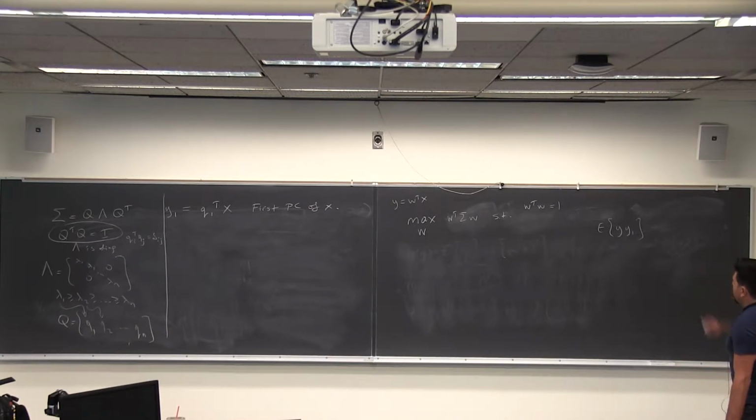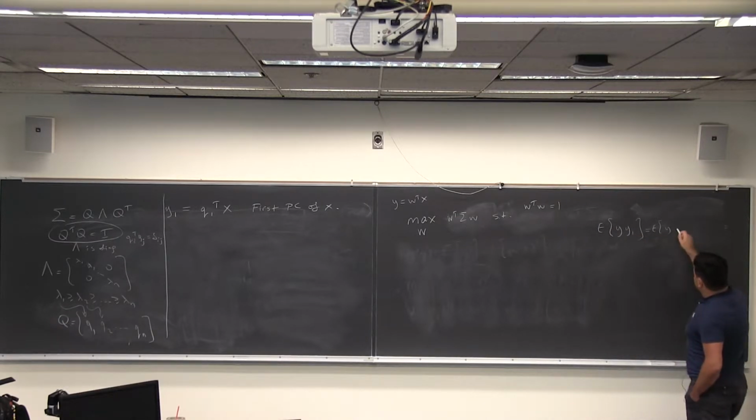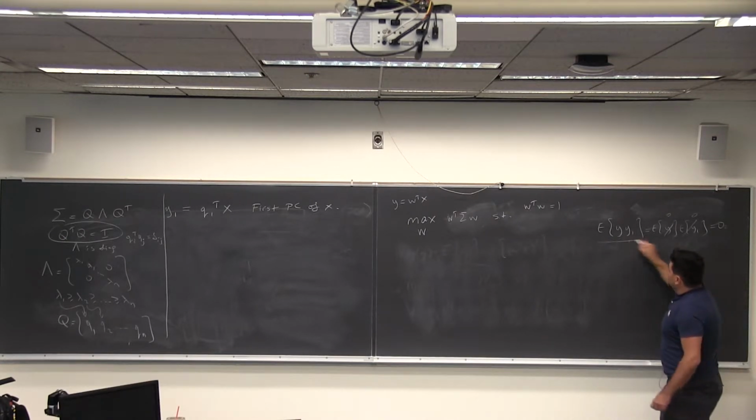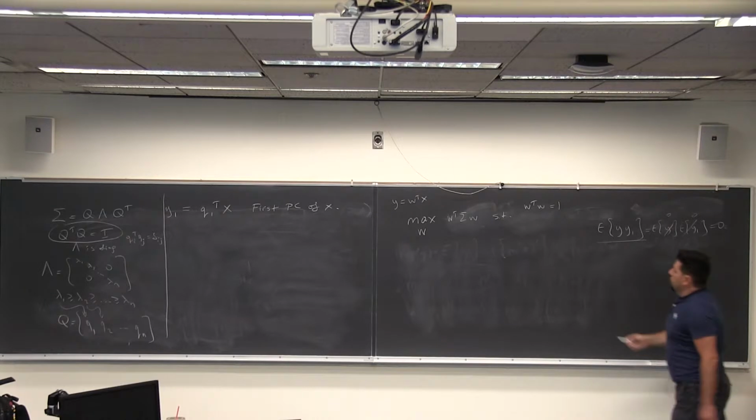Remember, when two random variables are uncorrelated, the expected value of their product is equal to the product of their expected values, but these are zero mean. So basically I want them to be orthogonal. Starting with the uncorrelatedness constraint, using the fact that they are zero mean, this becomes an orthogonality constraint.